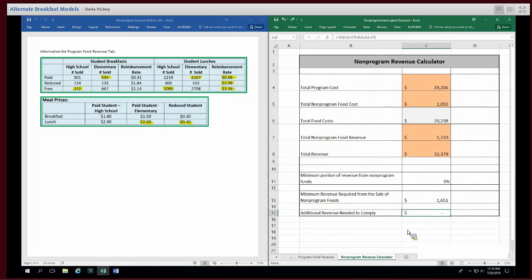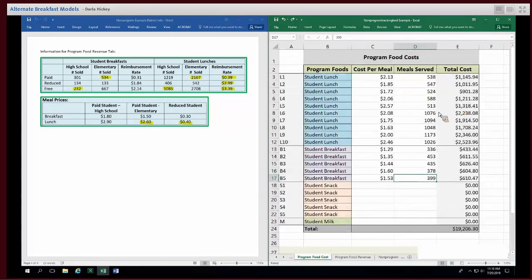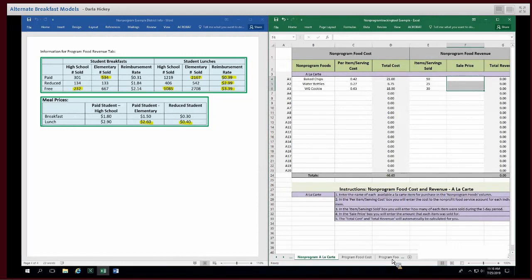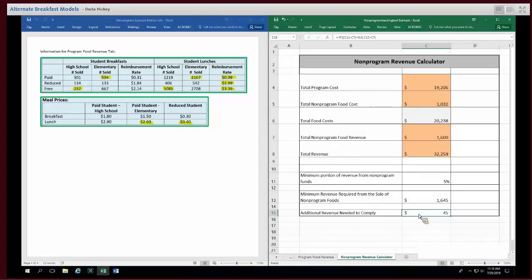Okay, just for an example, I want to show you what it will look like if there's additional revenue needed to comply. So I'm going to go back to that a la carte tab and change my prices there. Here, this is telling me that we have additional revenue needed to comply, so I would need to increase my prices.